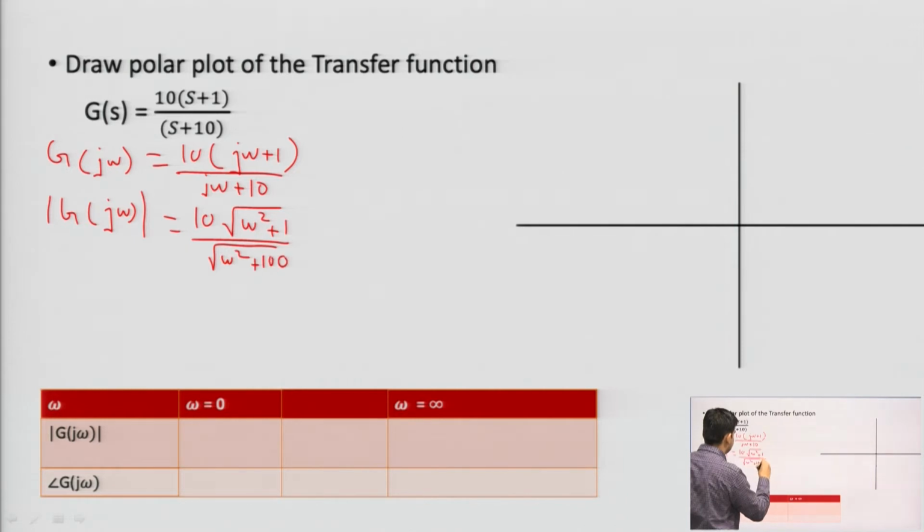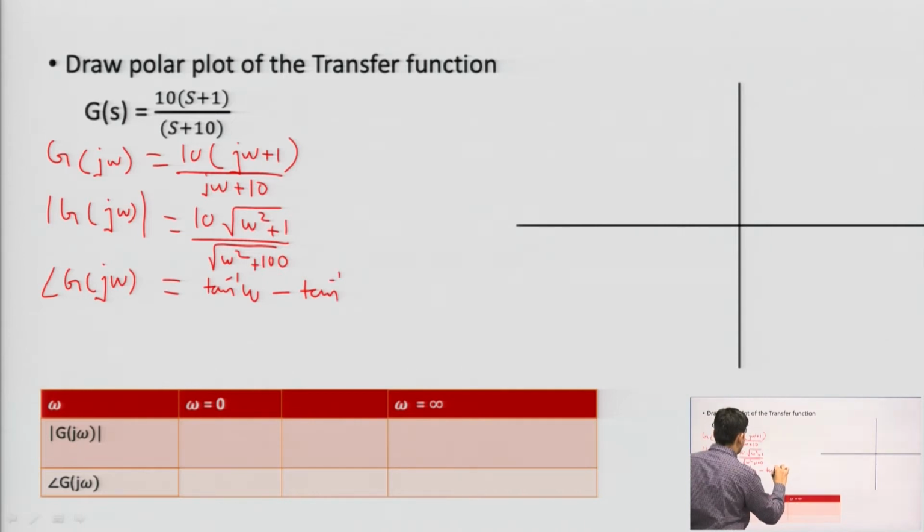The same way, I would like to know what is my phase of G(j omega). This phase would be, from the numerator, tan inverse of omega and from the denominator, minus of tan inverse of omega by 10, right. So, now I need to vary this omega from 0 to infinity for both magnitude and phase.